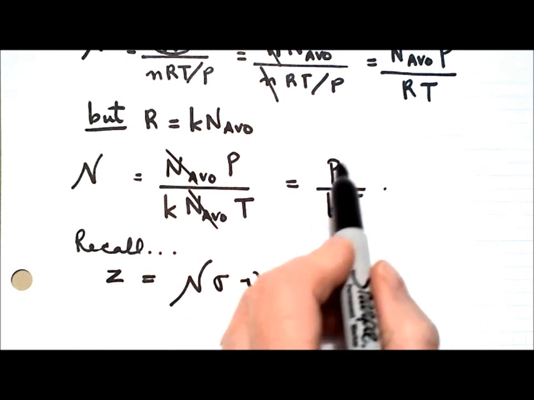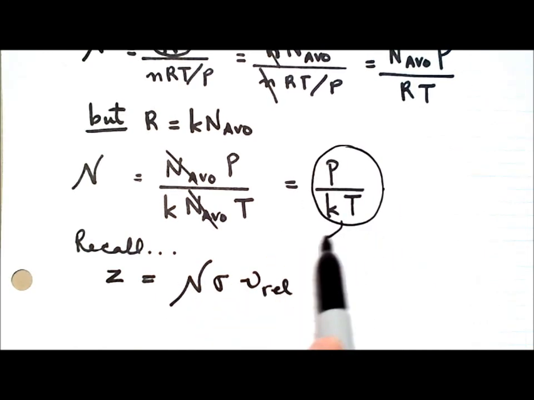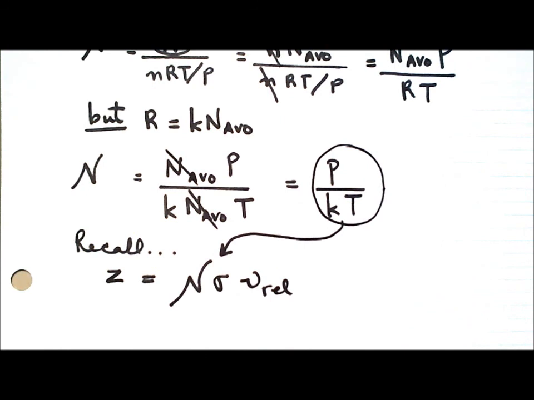So now I can take this and substitute it in for my number density, and I get P sigma mean relative speed over Boltzmann's constant times temperature.